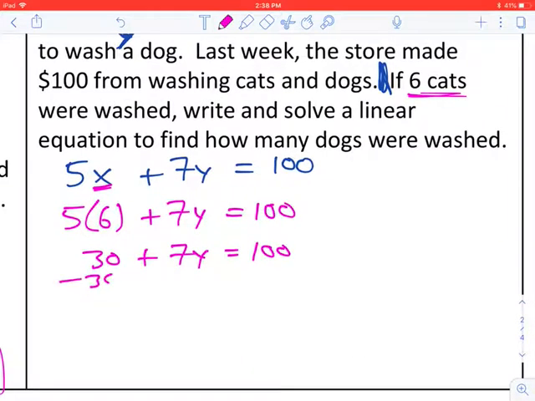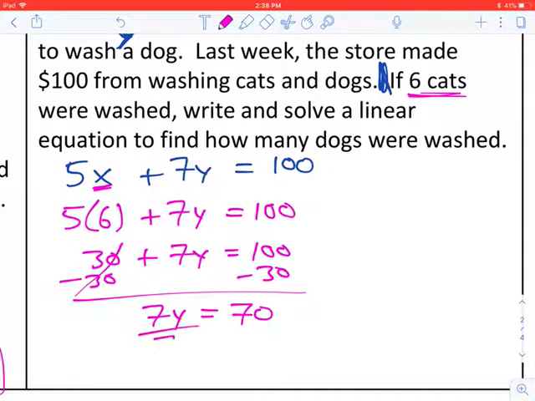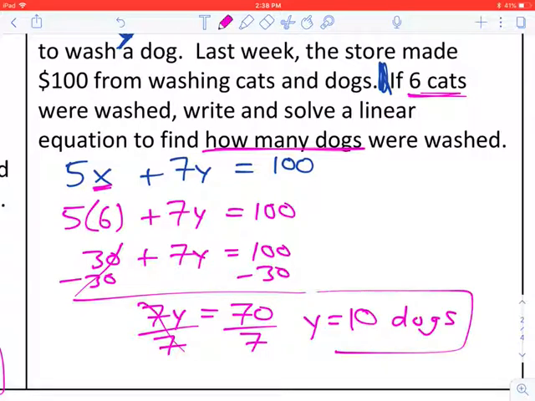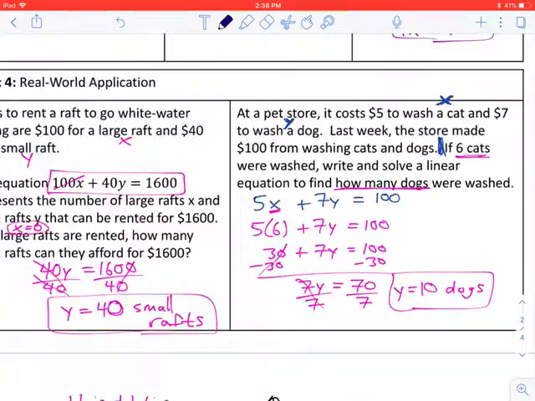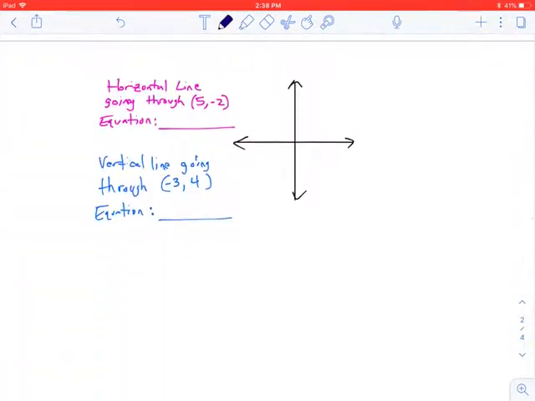So subtract 30, and I get 7y equals 70. Divide by 7, I get y equals 10. 10 what? How many dogs were washed? So 10 dogs.